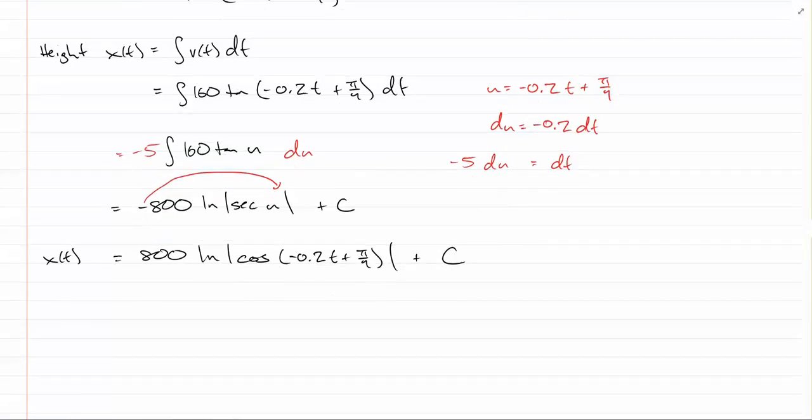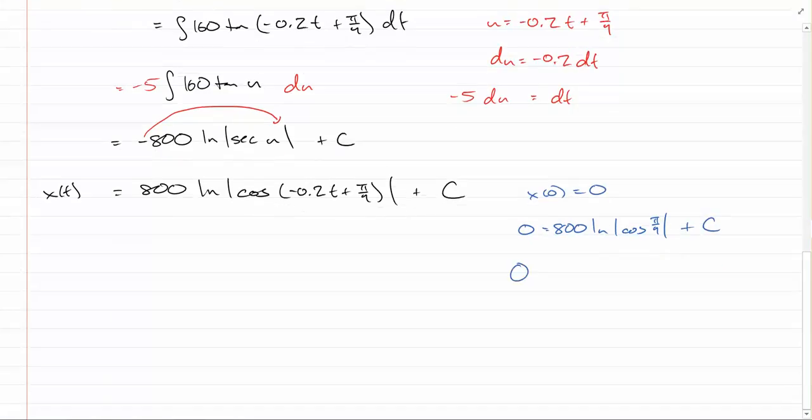Now again, we can use the initial condition to figure out that constant. We know that x of 0 is 0, so 0 would be what you get when you plug in t equals 0. So 0 would be 800 natural log of cosine of pi over 4 plus a constant. Cosine of pi over 4 is square root of 2 over 2.